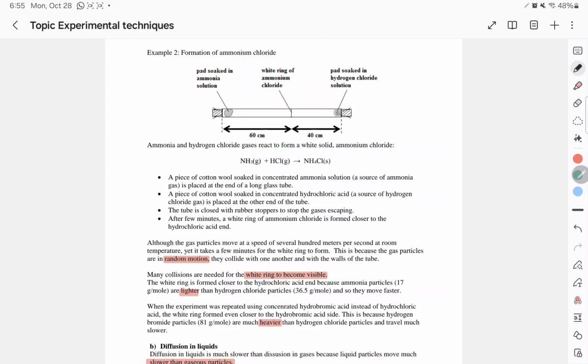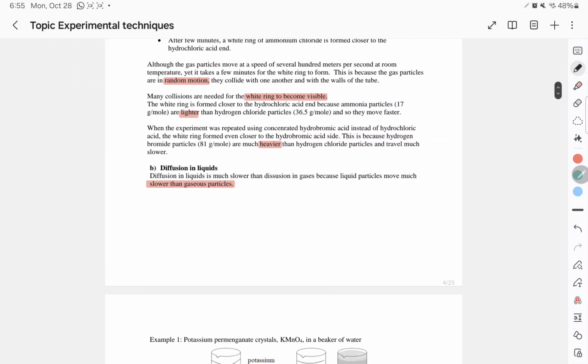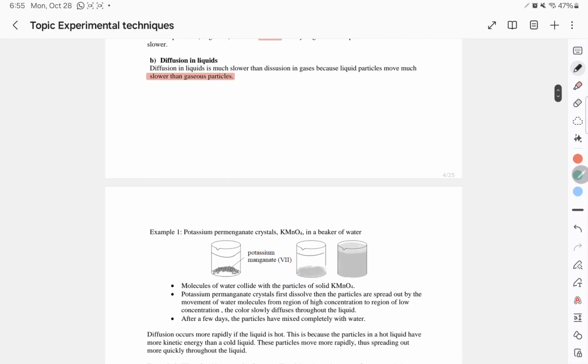By the way, you could just see this on a periodic table and calculate it yourself to know which one's heavier. But anyways, so the gas particles move at speed of 700 meters and random motion. So see, ammonia is lighter than hydrogen chloride. So it moves faster, so that's why the ring is closer to hydrogen chloride. Now in liquids, it's way slower than in gases. We need to know that.